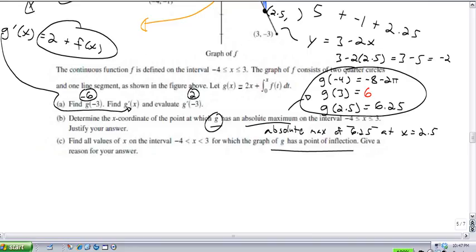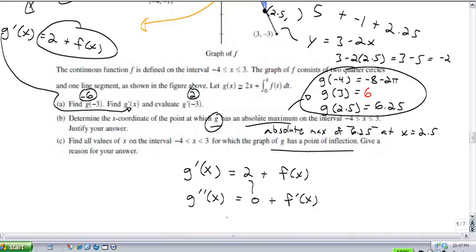One thing you know is g prime of x is equal to 2 plus f of x, which means g double prime of x, the derivative of that, is 0 plus f prime of x. So g double prime is f prime of x.